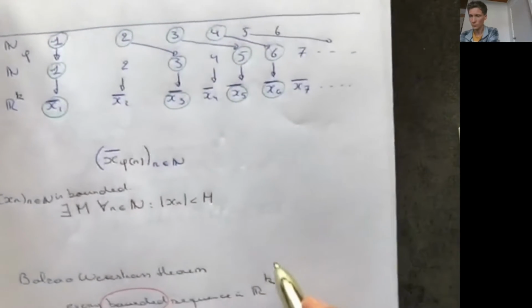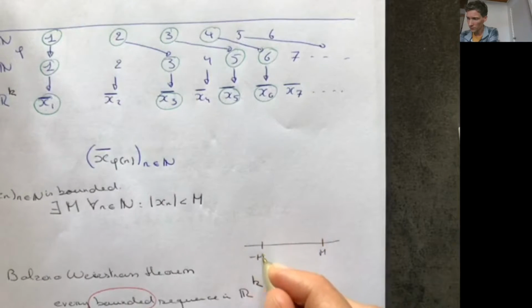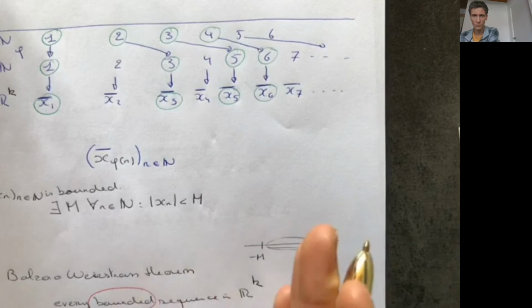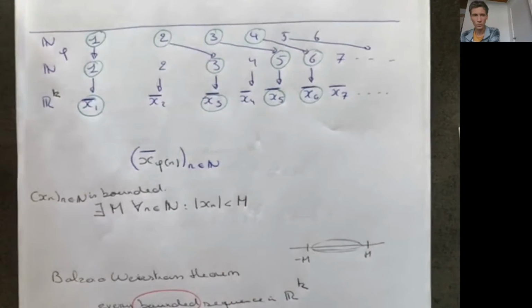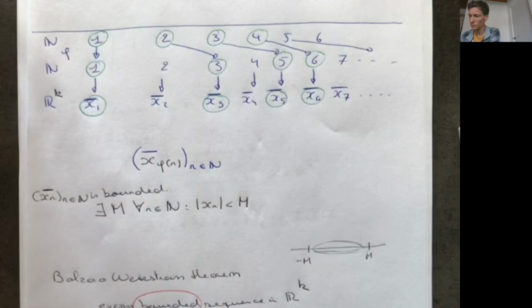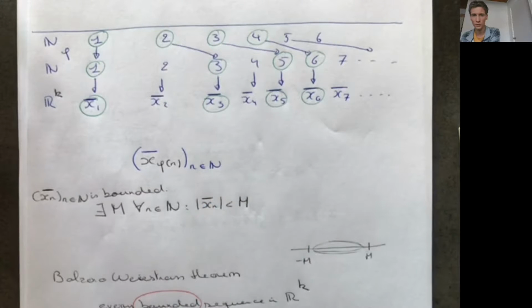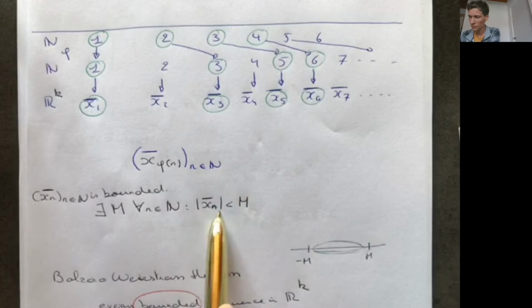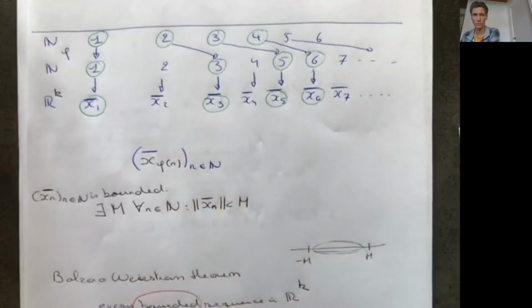If we draw the line, with m and minus m, every element of the sequence was in this interval between m and minus m. We would like to generalize this to vectors, and there's a simple way to do this. The only thing we have to change is that xn becomes a vector, and we're not talking about the absolute value anymore, but about the norm.